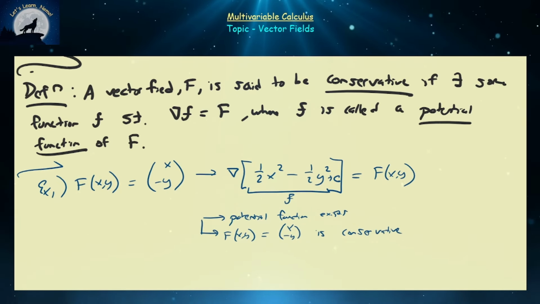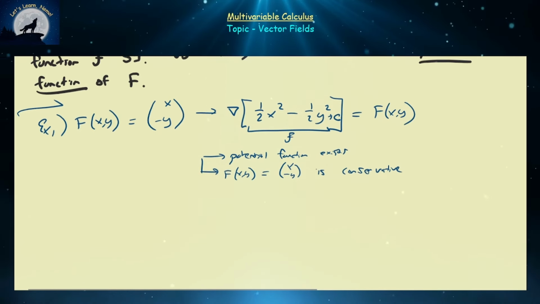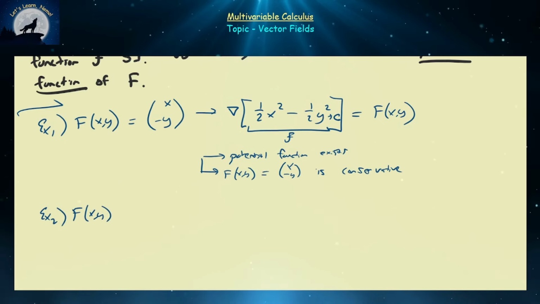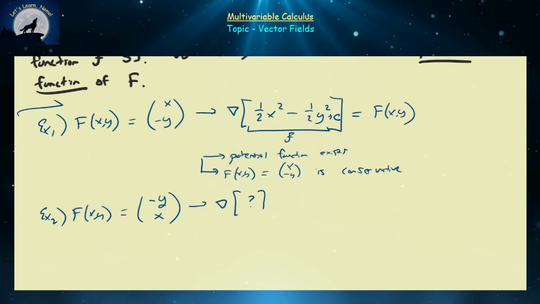Now, the meaning of what we mean by conservative won't really make sense, at least to me, unless we start looking at the physics applications of this, which we will get into in the future. But for now, we'll just take it as a definition. And if we have F of x, y equal to minus y, x, which seems very similar to the first vector field, we've already verified that there does not exist some function, little f, that satisfies this particular equation.